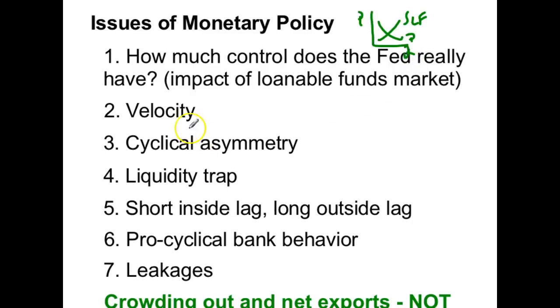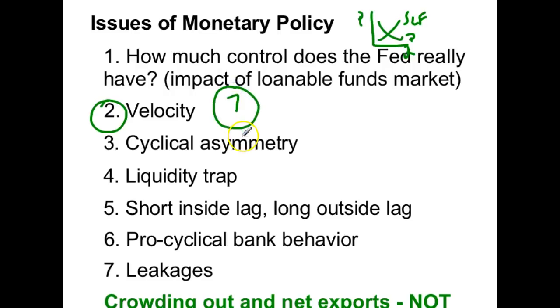So that's one problem. A second problem is velocity, and we're going to talk about this a little bit more in an upcoming lesson. But velocity is the number of times a dollar, for example, changes hands during the year. So the velocity of money in the United States is about 7, which means any given dollar bill or $10 bill or $100 bill gets spent about 7 times.